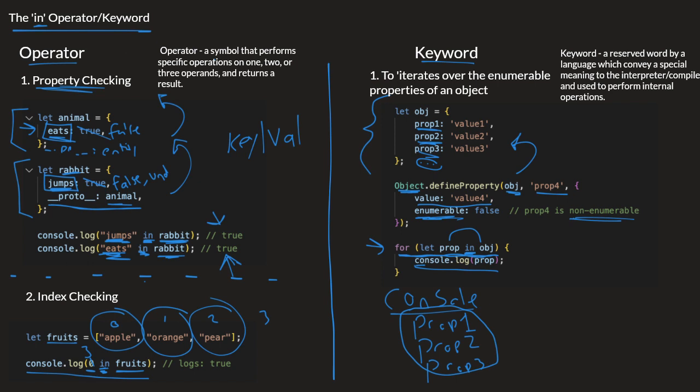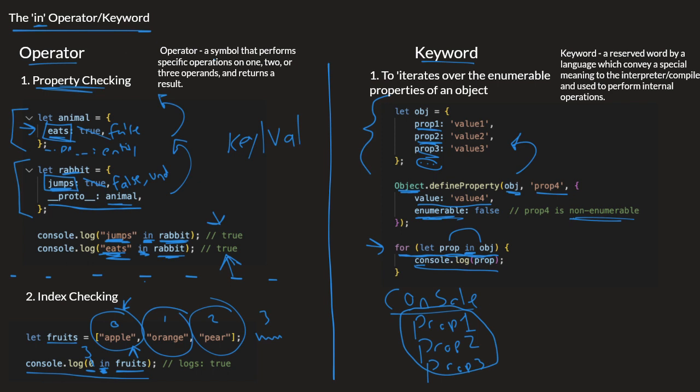However, in this case, when using the in operator on an array, it's helpful to think of the array as key value pairs where the key is the index and the value is the actual value in the element of that index. And so that's an easy and helpful way to remember it. When we look for 3 in fruits, since the index of 3 does not exist, we return false.